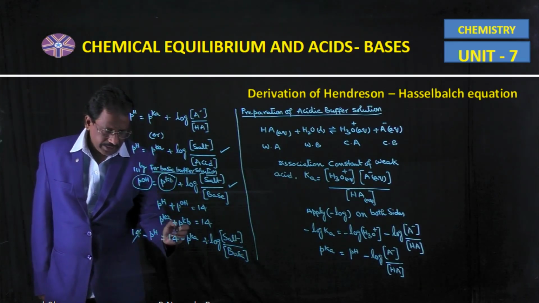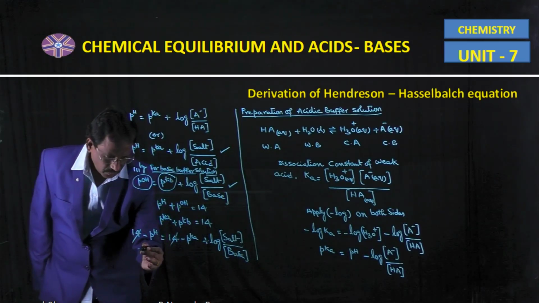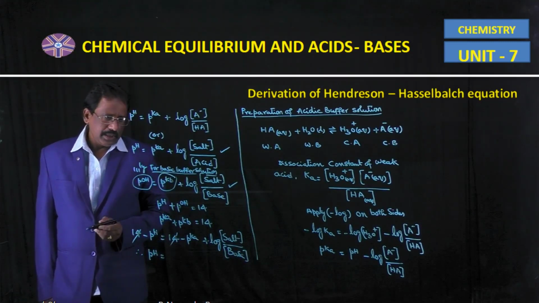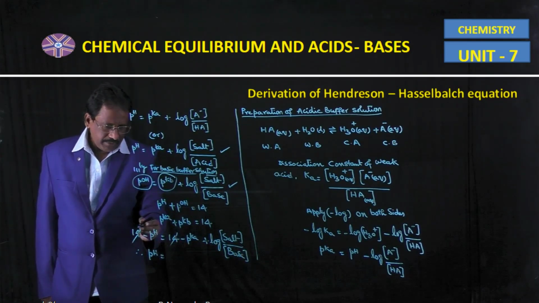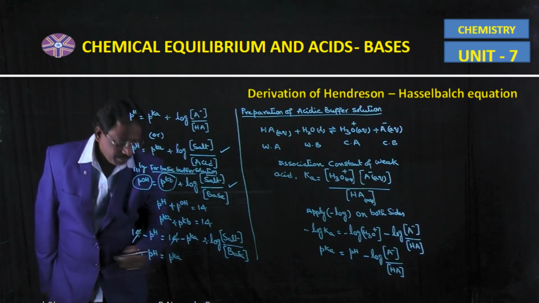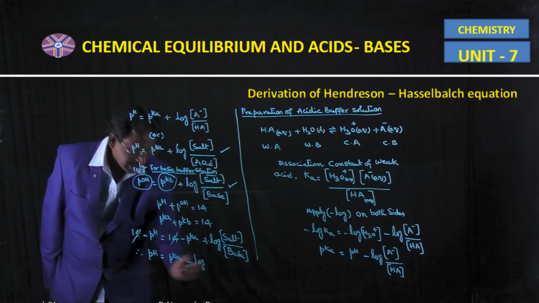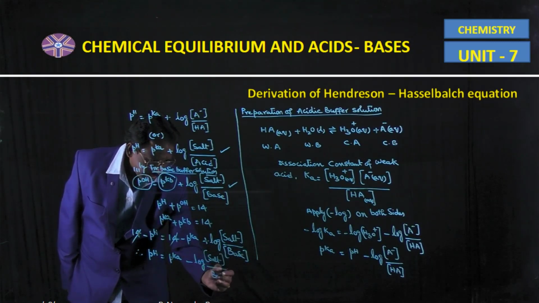The 14 and 14 cancel together, and multiplying with the negative sign, the pH of the basic buffer solution is equal to pKa minus log of the active mass of the salt divided by the active mass of the weak base.